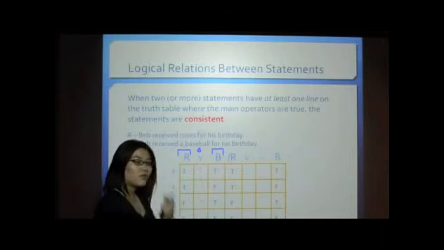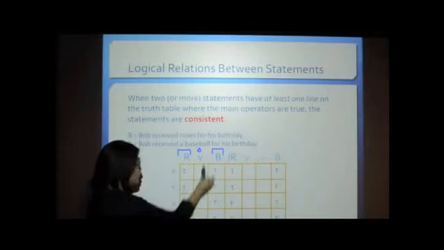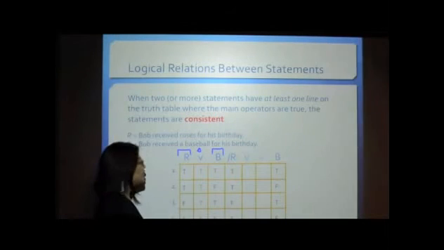Remember, the rule is that a disjunction is only false when both its parts are false. In all other cases, it's true. So using that rule and these two columns, we will have the following truth values.